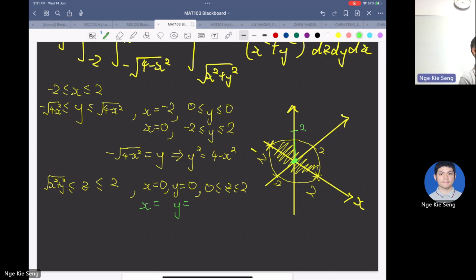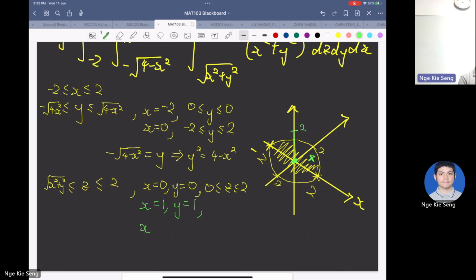Try and give some point on this. 1 1. Sure, 1 1 lies inside here, in the interior. Maybe I want to try something on the boundary.